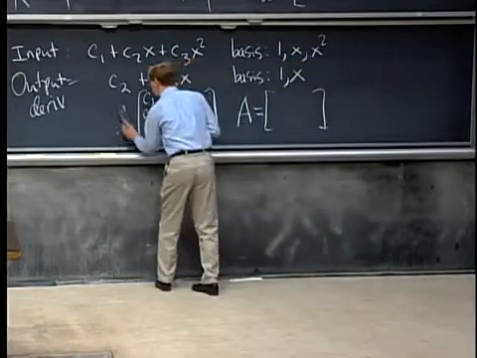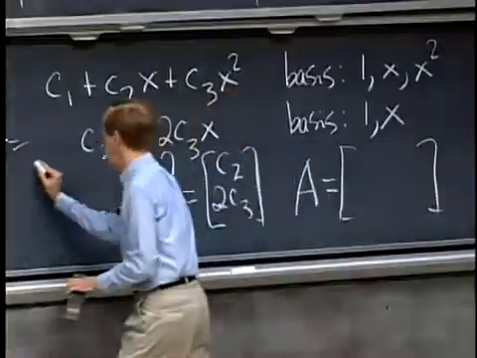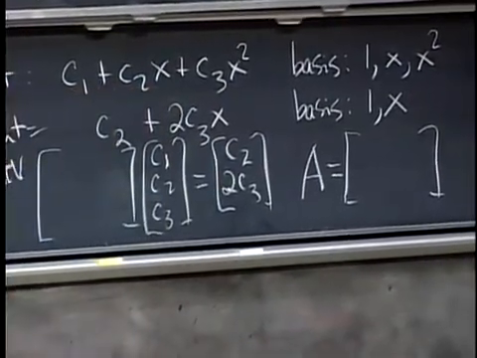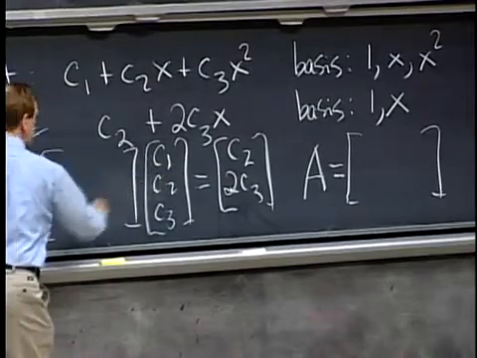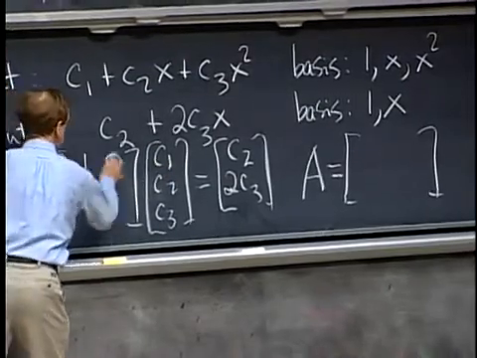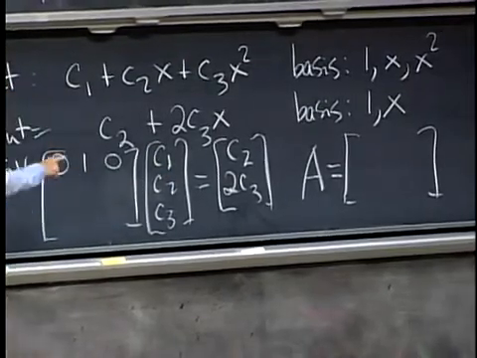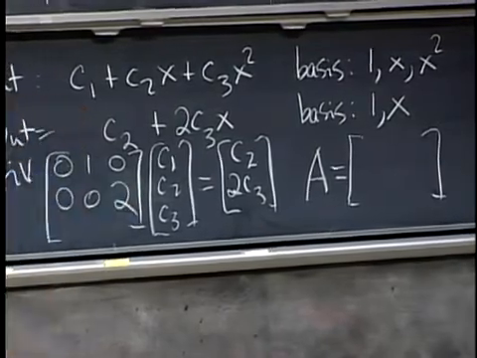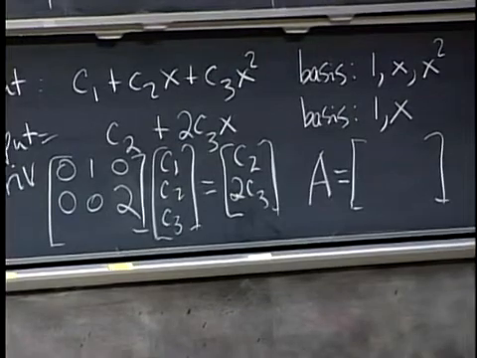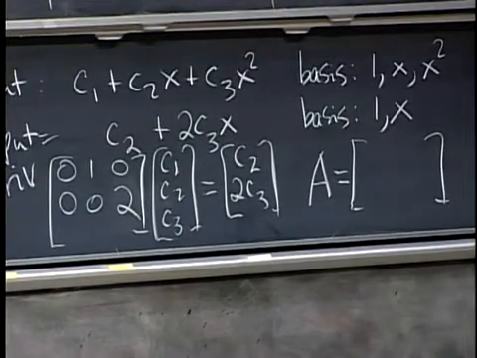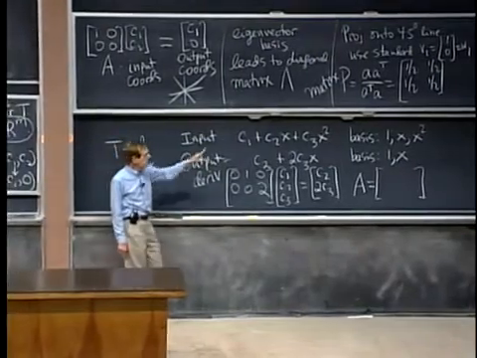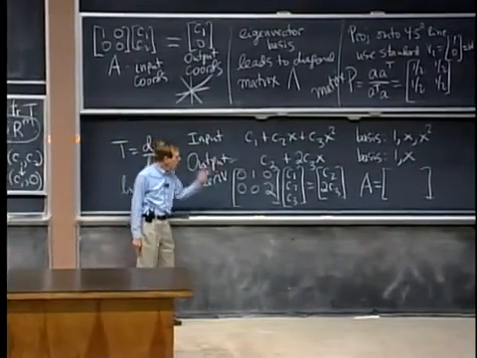Let me write it here. What do I want for my matrix? What should that matrix do? Well, I want to get C2 in the first output, so 0, 1, 0 will do it. I want to get 2 C3, so 0, 0, 2 will do it. That's the matrix for this linear transformation with those bases and those coordinates.